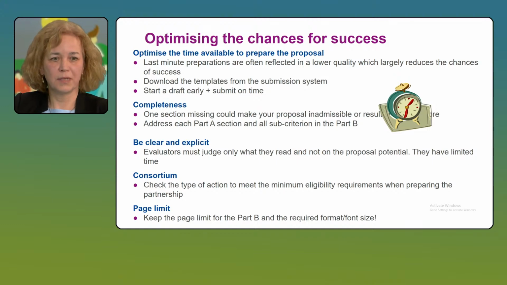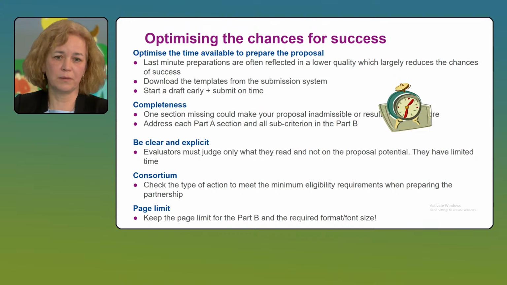Sometimes there are just very tiny differences between the individual proposals, and then a small detail can make a big difference. And be clear. Please write in clear, short sentences, because the evaluators have really just a short time to assess your proposals. And I would also say if you can use graphs or similar charts which help them understand your project structure, that also helps.